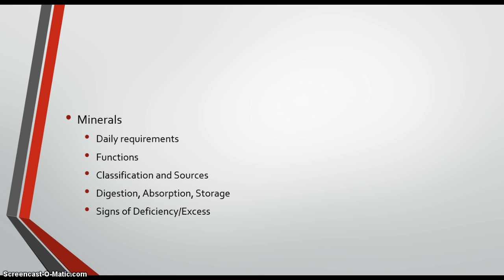Deficiencies of potassium can result in hypokalemia, fluid and electrolyte imbalances, tissue breakdown, cardiac weakness, and muscle cramps. Toxic effects are hyperkalemia, muscle weakness, severe dehydration, mental confusion, hypotension, and cardiac arrest.